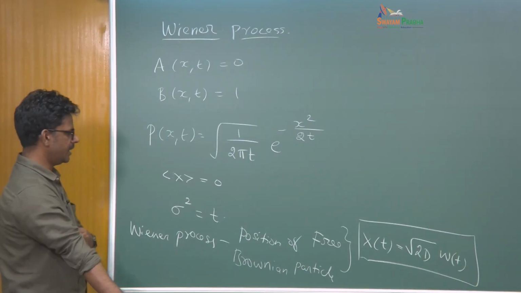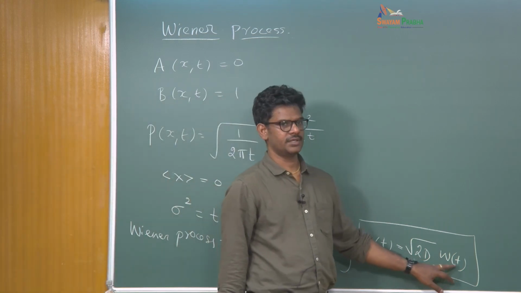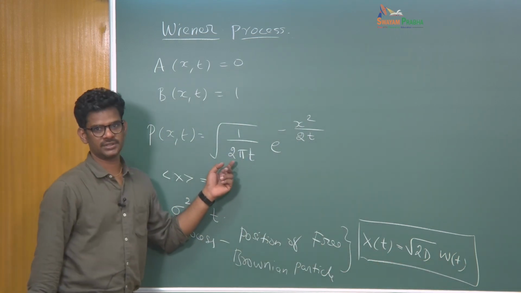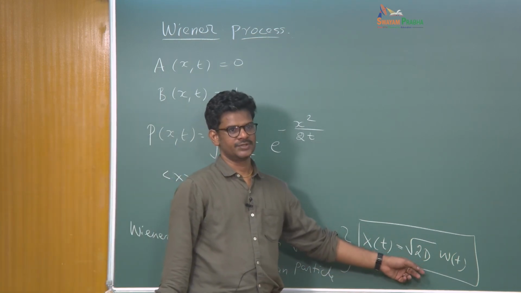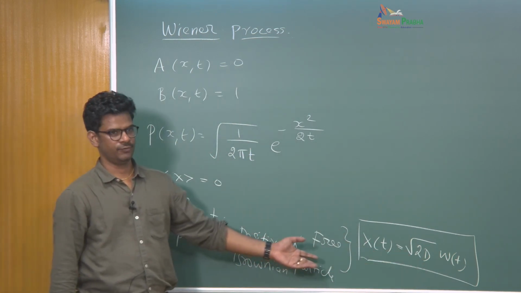So, you can generate random variable W of t from this distribution, okay, and then when you multiply by the square root of 2D, this will take care of the Brownian particle's diffusion.